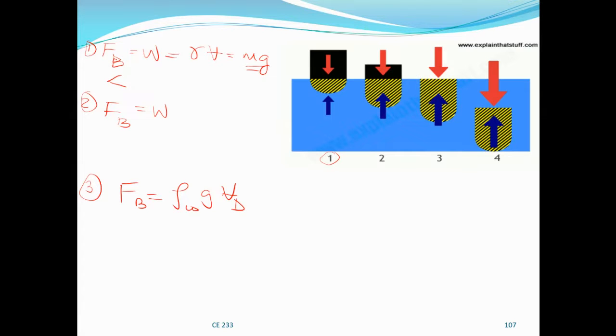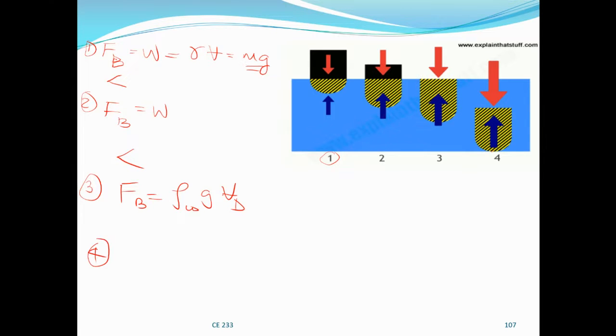In this case, you have the maximum volume of liquid displaced, and this maximum volume, even if it sinks down to the bottom, is the same volume. Hence, in the fourth case, the buoyant force in the third case is greater than the buoyant force in the second case.